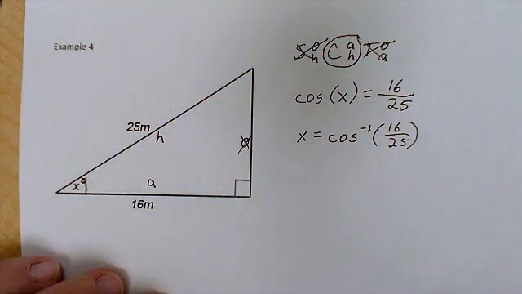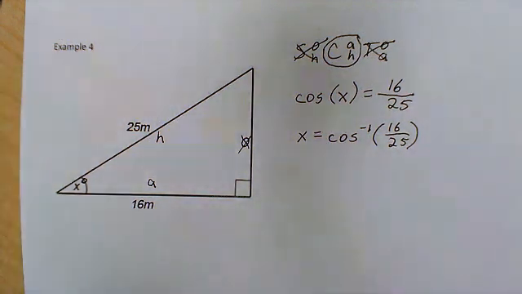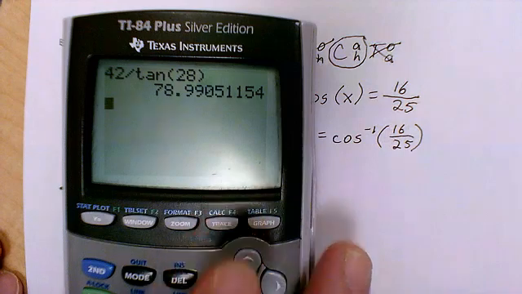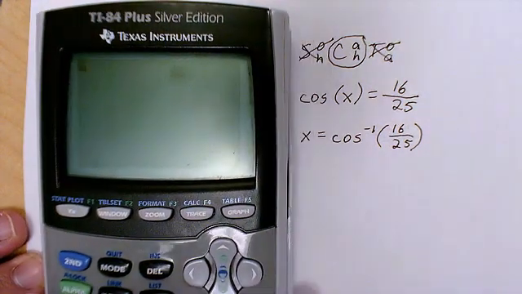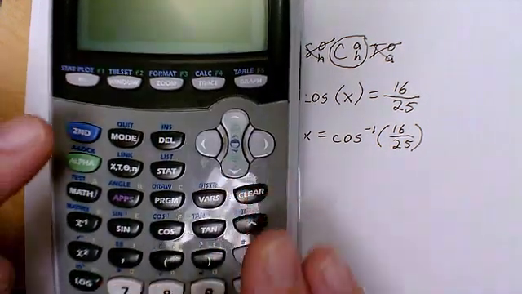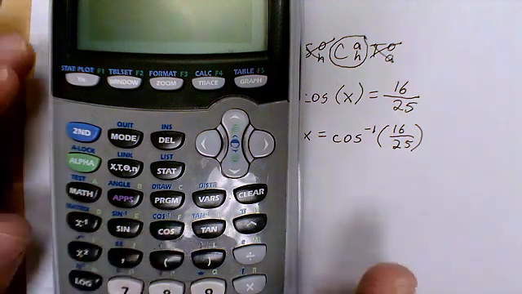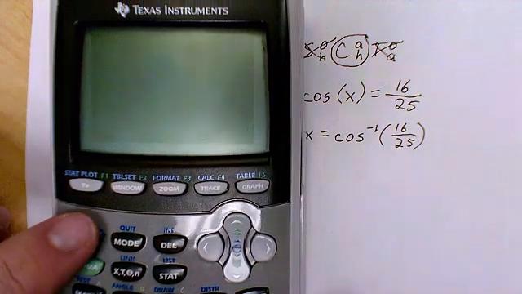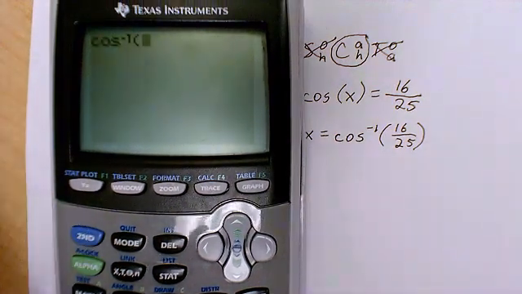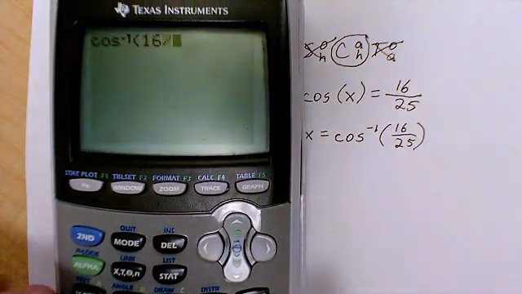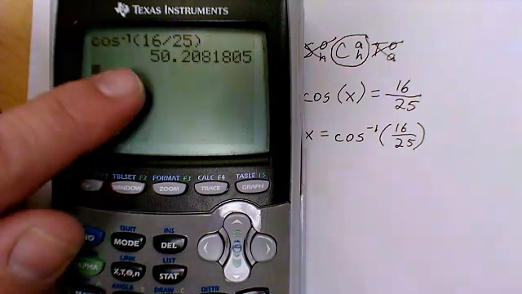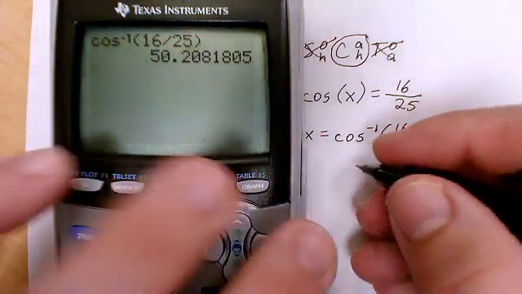And now I'm ready to use my calculator. So there is guaranteed very little work here. All right, when I'm typing in cosine inverse, remember, you're going to hit second before you hit this cosine key. That way it types it in correctly. So I'm going to hit second cosine inverse of 16 divided by 25, and I'm going to hit enter to get 50.2 degrees.